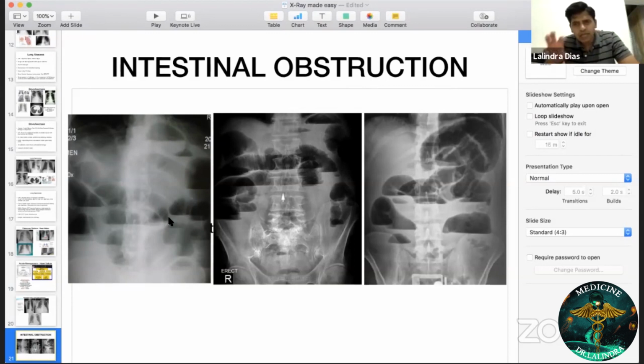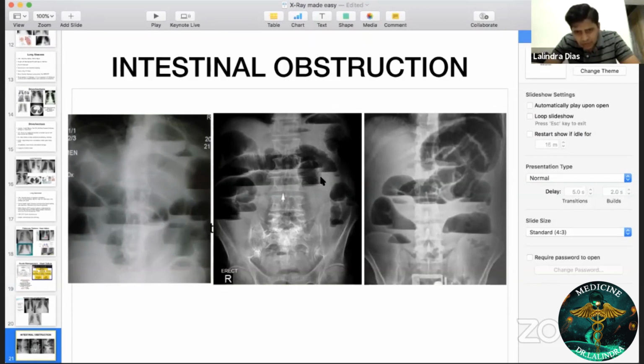So if you see multiple air fluid levels in the X-ray abdomen, that is suggestive of intestinal obstruction. What did I say? Multiple air fluid levels in an abdominal X-ray suggest intestinal obstruction. Can you see here in the second X-ray, another multiple air fluid levels.